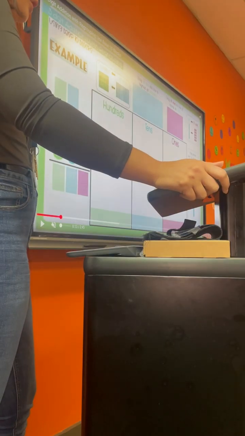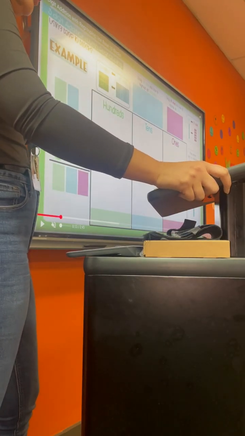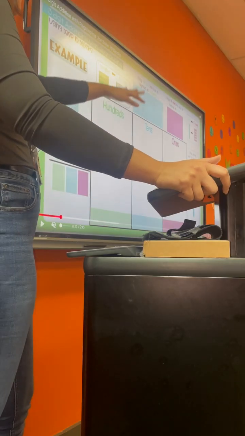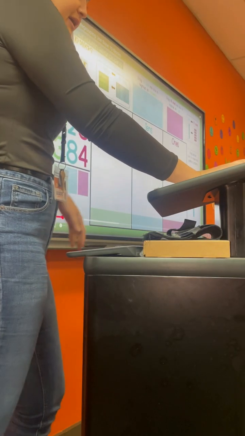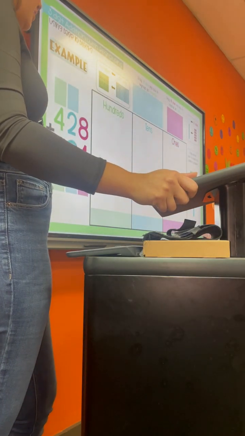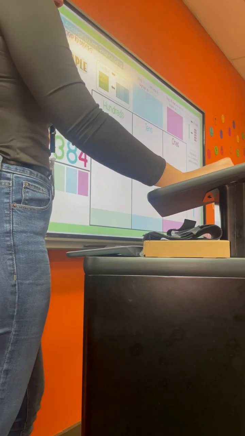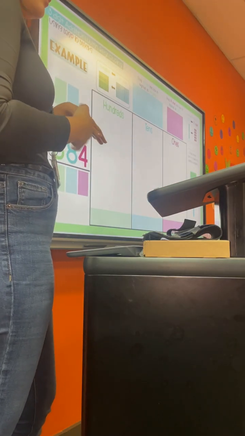I'm going to now model for you 3 digits with addition. And then we're going to have 3 regrouping with the base 10 blocks. So we'll start by looking at the problem we have of 428 plus 384. I'm going to start by representing these numbers using my base 10 blocks.